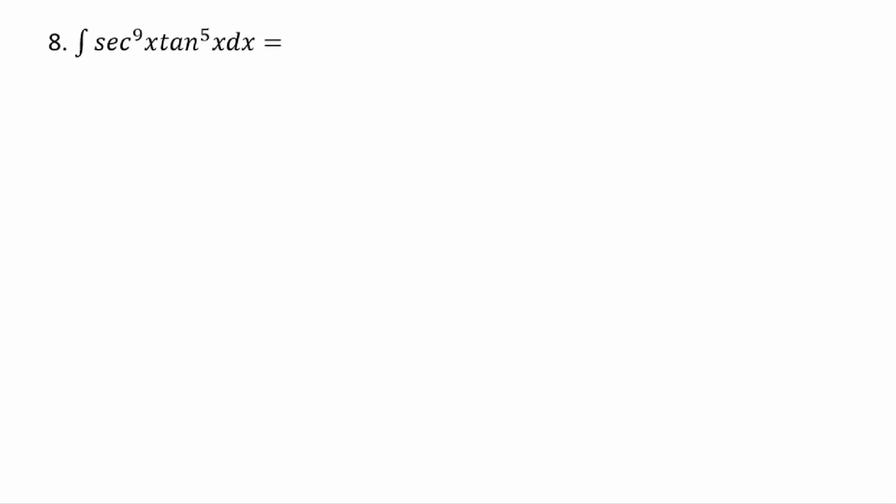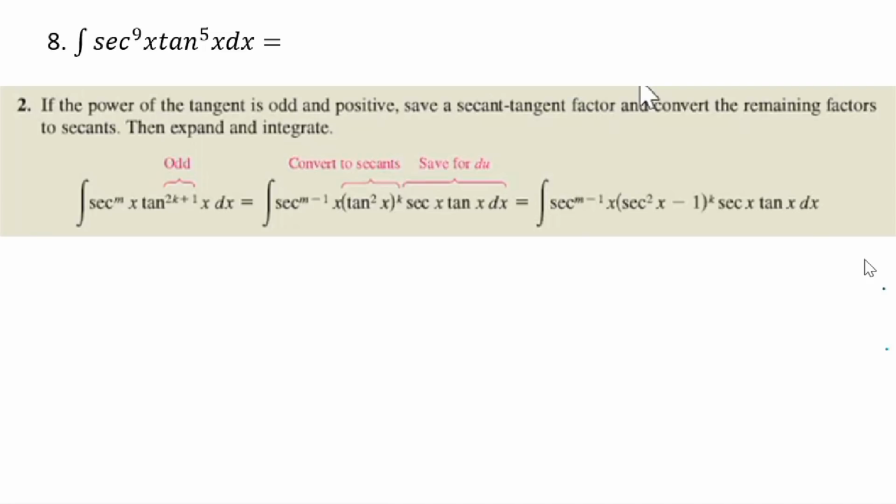Since this is just a continuation, we have example number 8, the integral of secant to the power of 9 of x times tangent to the power of 5 of x dx. In this kind of example, we're going to save a factor of secant x tangent x. So we can write the given as secant to the power of 8 of x times tangent to the power of 4 of x times secant x tangent x dx.